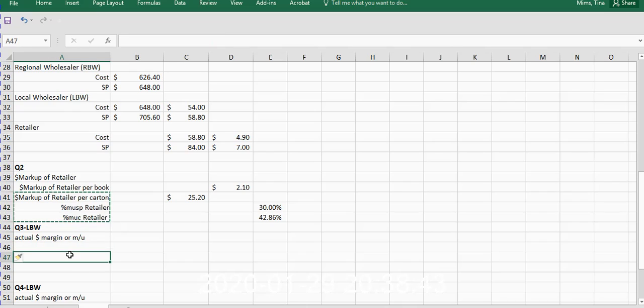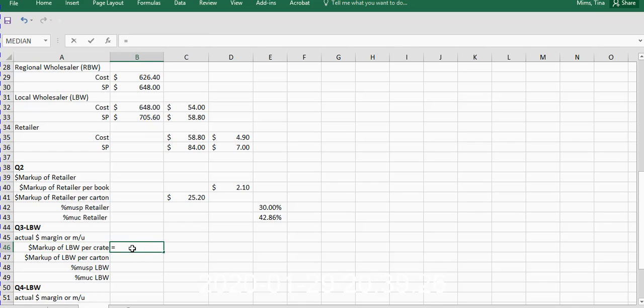Okay, 1, 2, 3 lines, and here we'll need a dollar markup of LBW per crate. I usually copy and paste so I can save time. I don't know if it really saves any time or not. All right, very good.